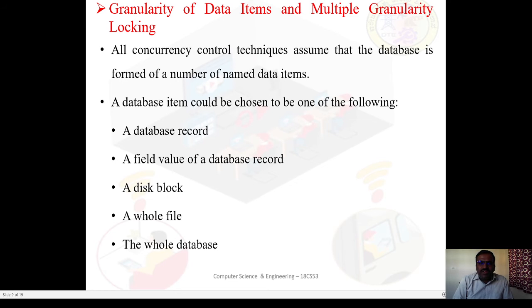A database item could be one of the following: a database record, a field value of a database record, a disk block, a whole file, or the whole database. The granularity can affect the performance of concurrency control and recovery.